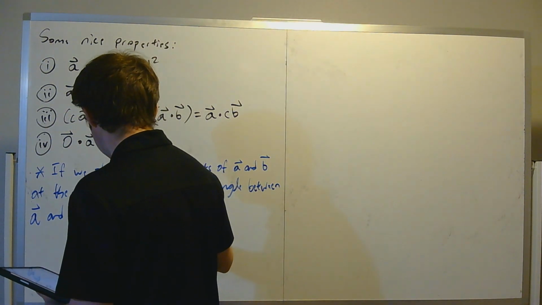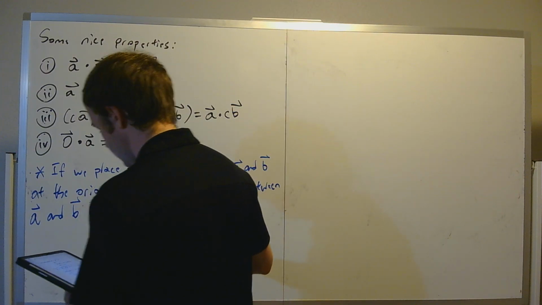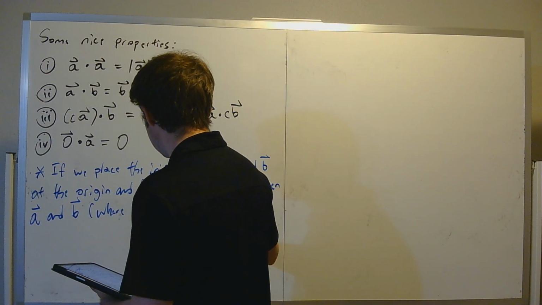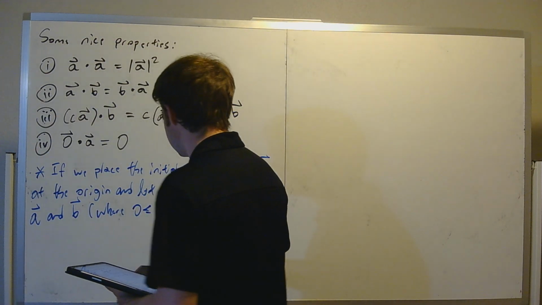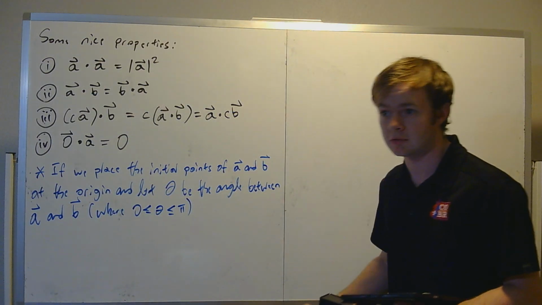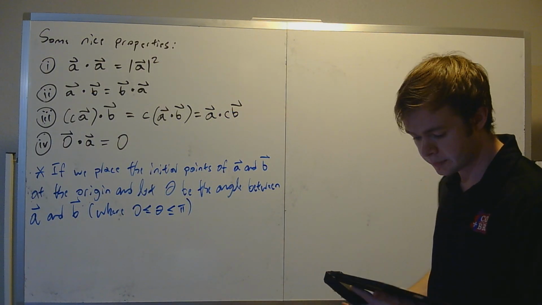So I'll say where 0 is less than or equal to theta is less than or equal to pi, because pi is the same thing as 180 degrees, so you can just choose the smaller angle.